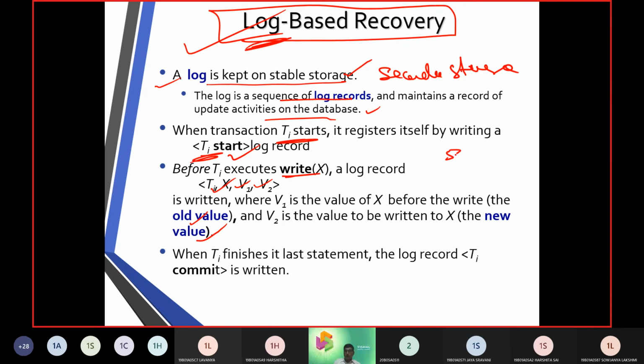For example, 500 rupees is in the account. Now I add 100 rupees, so it is 600 rupees. The 500 we call the old value, and the 600 the new value. So 500 I call Vi, and 600 I call Vj. Now I can have a sequence where first it happened with i, next with j.